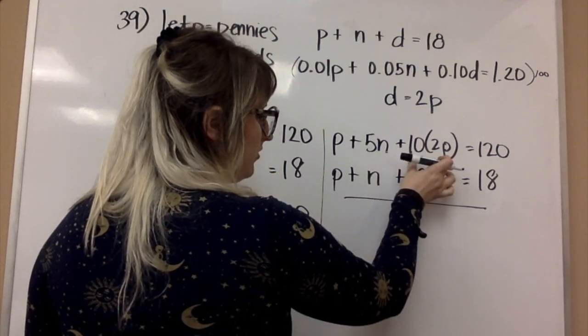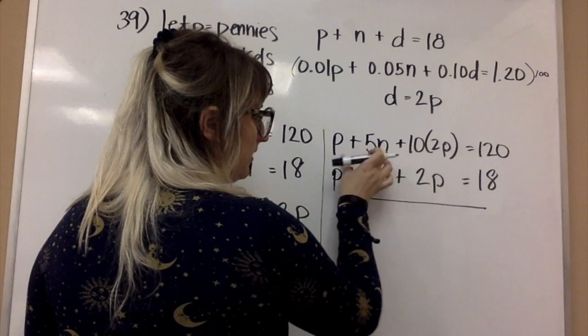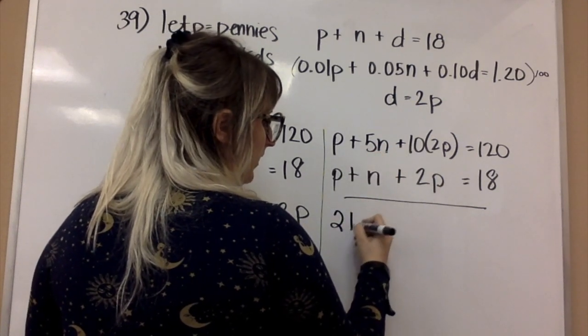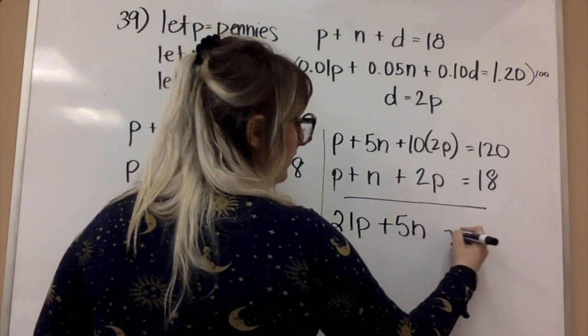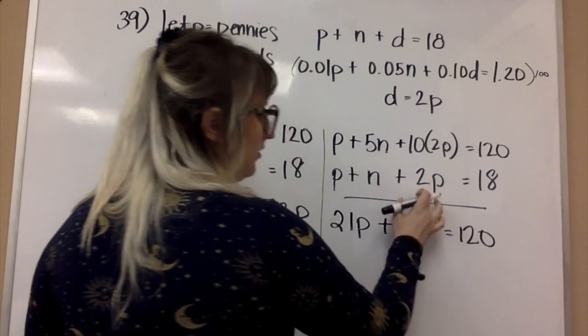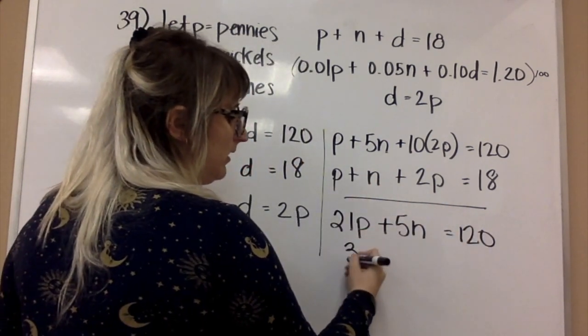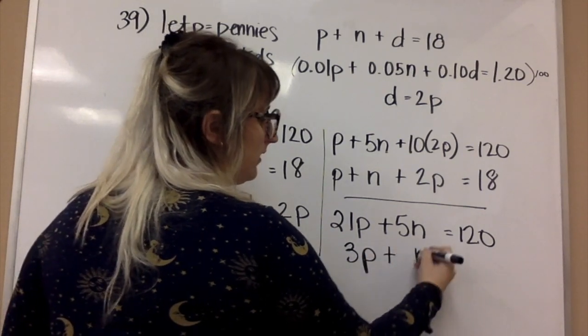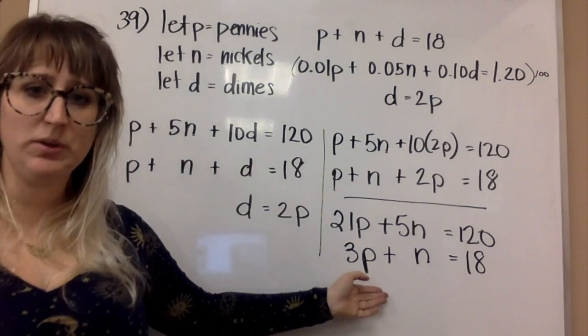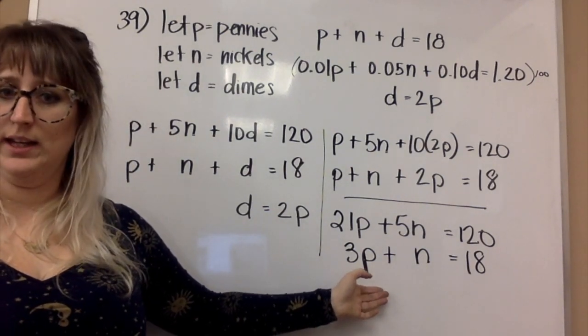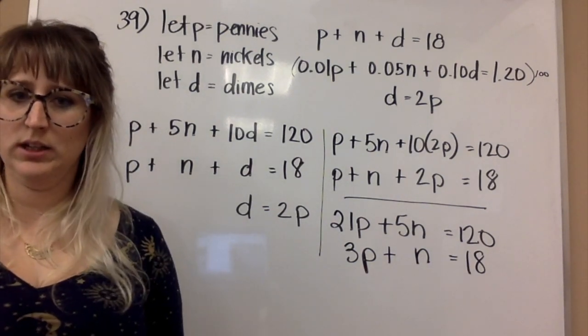So 10 times 2 is 20p plus p, so that means I'm going to have 21p plus 5n equals 120. 2p plus 1p is 3p plus n equals 18. So now I have a system of equations with just p and n, so I can use anything I want.